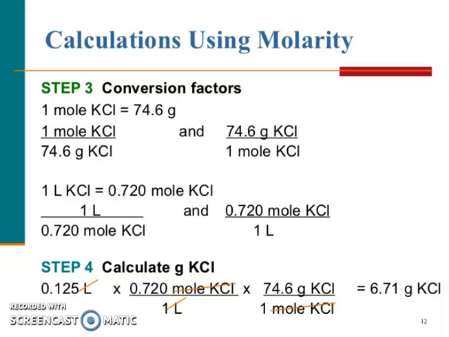In step 4, calculate grams KCl: 0.125 liter multiplied by 0.720 moles KCl over 1 liter multiplied by 74.6 grams KCl over 1 mole KCl gives 6.71 grams KCl.